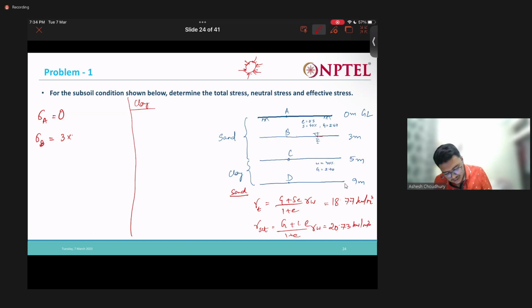Okay, similarly let us find out for this clay also. The clay is submerged, right?